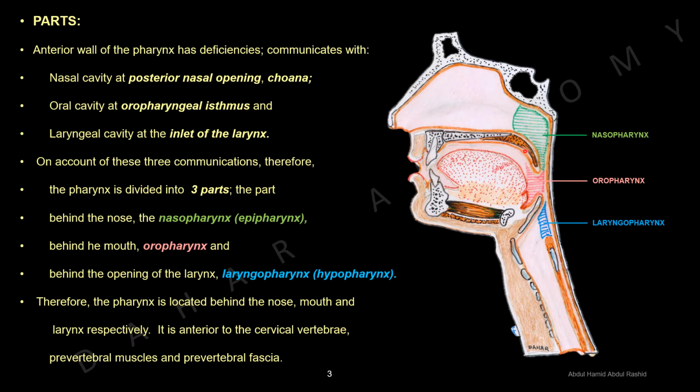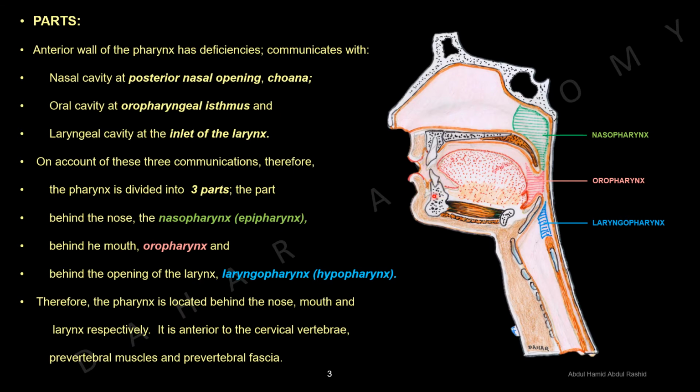The uppermost part communicates with the nasal cavity at the posterior nasal opening. The middle part communicates with the oral cavity at the oropharyngeal isthmus, and the lowest part communicates with the laryngeal cavity at the inlet of the larynx.